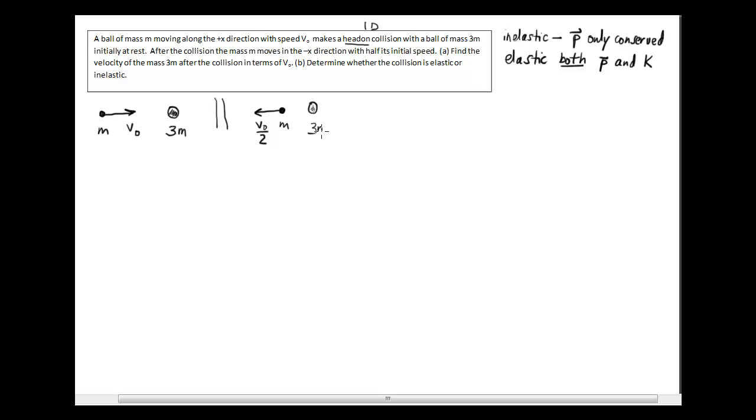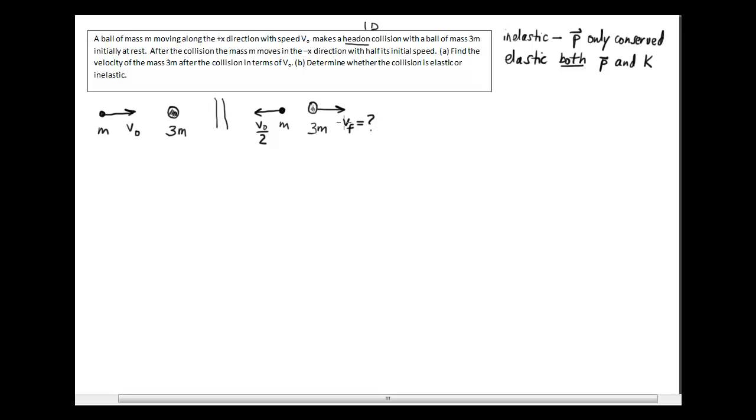All right, and the question is, find its velocity in terms of the v0 that was given. So let me just say 3m, and I don't know for sure. I guess in this case it's pretty obvious that it has to move to the right, but in some problems we won't know that for sure. In any case, I'm just going to call its final velocity vf, and that's what we're trying to find.